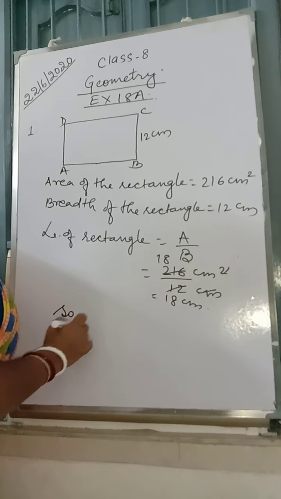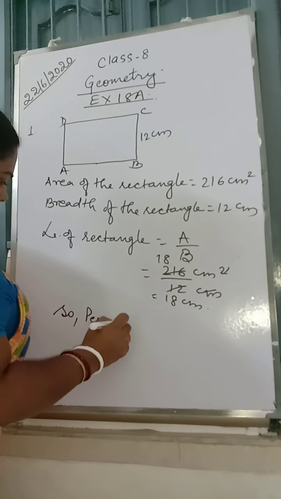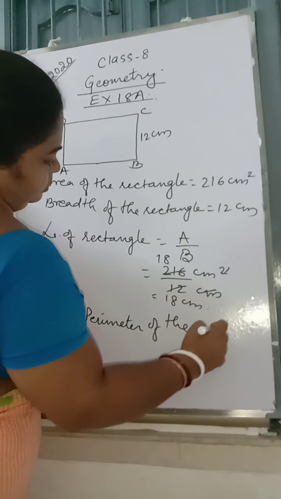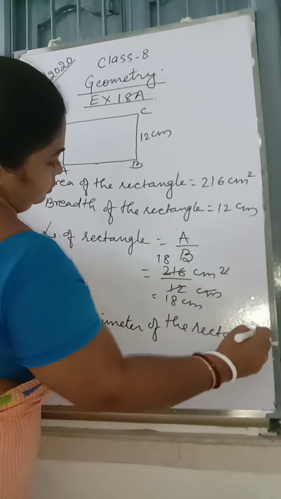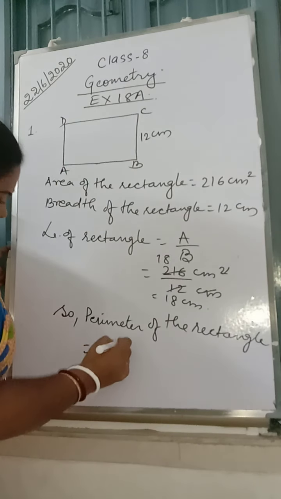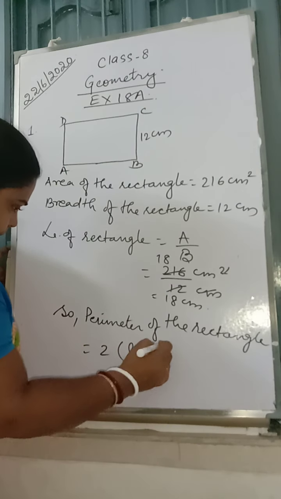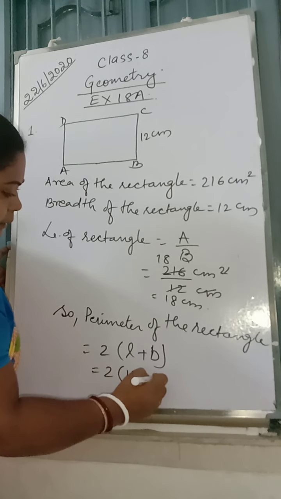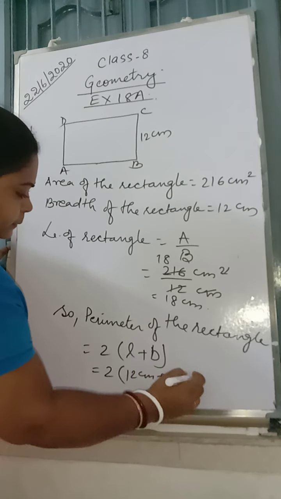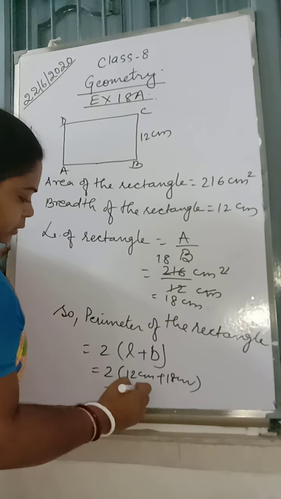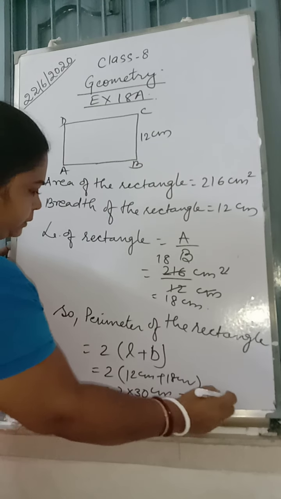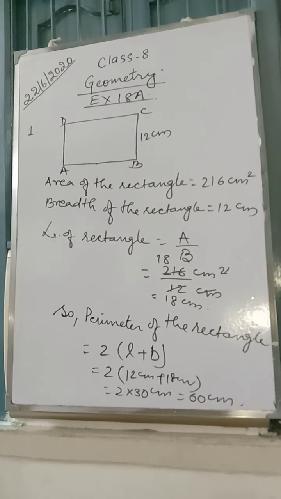So perimeter of rectangle is equal to 2 into L plus B. This gives you 2 into 12 centimeter plus 18 centimeter, 2 into 30 centimeter is equal to 60 centimeter is the perimeter. Write it please.